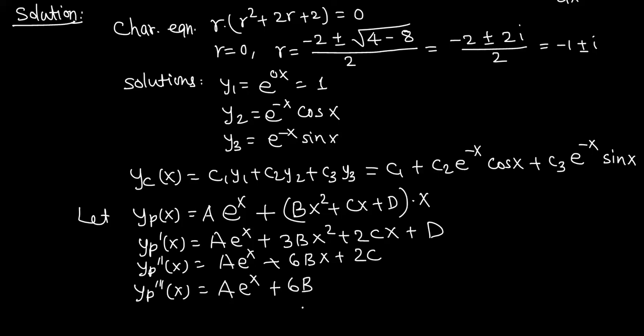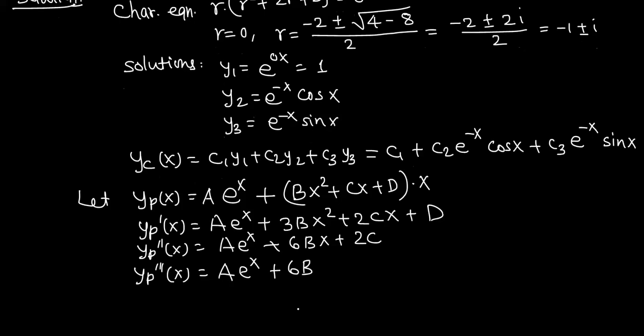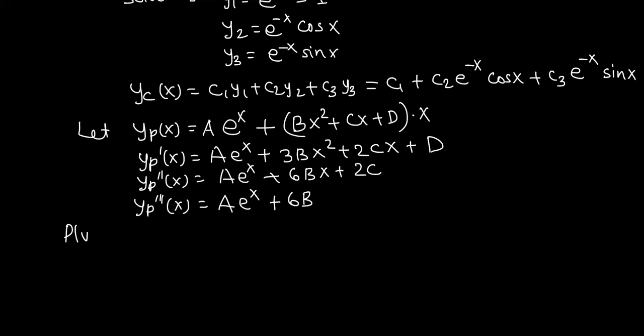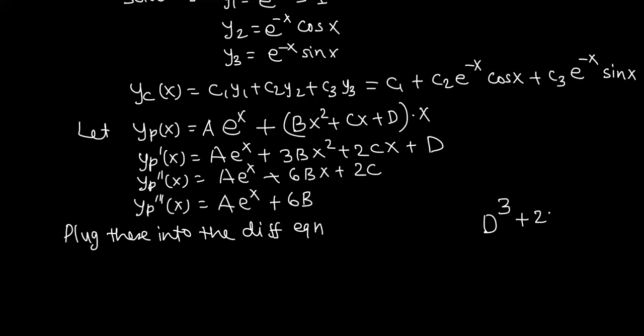Now we plug these into the original differential equation. If we distribute the operator D, not the constant d, the operator D, we had D cubed plus 2D squared plus 2D, y equals something.